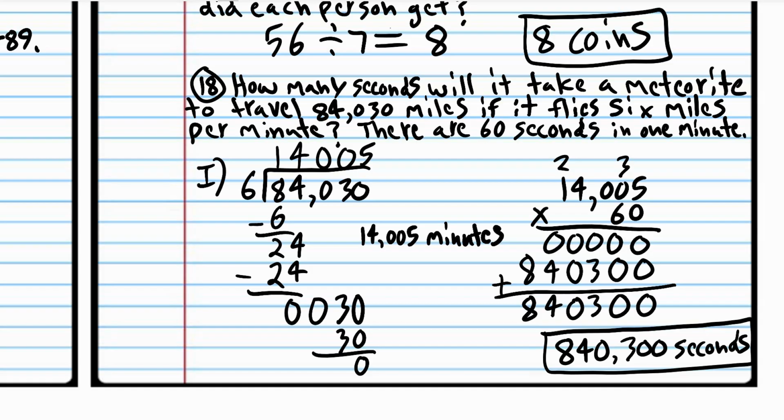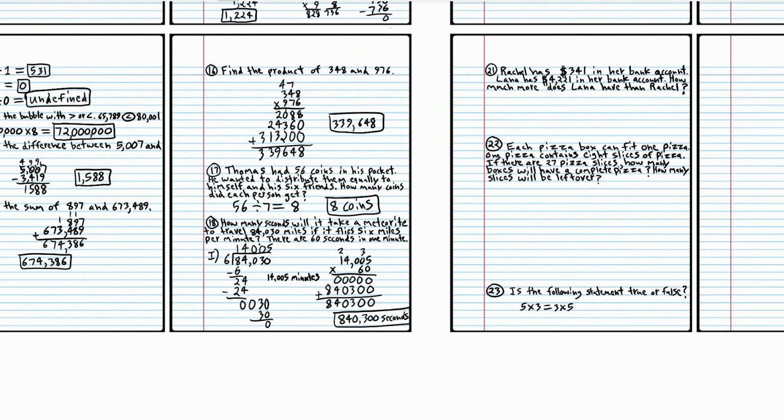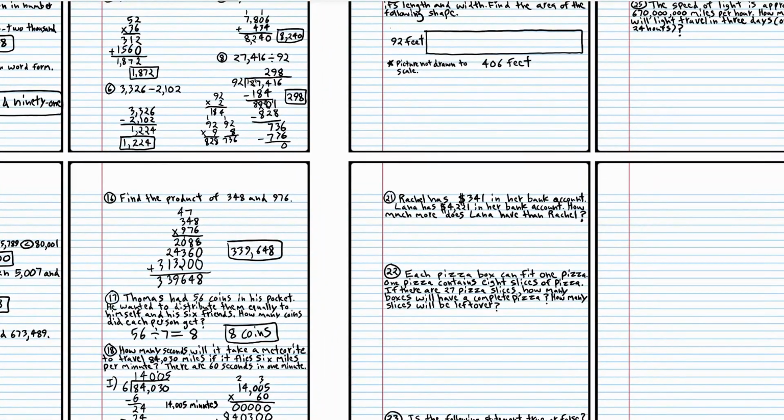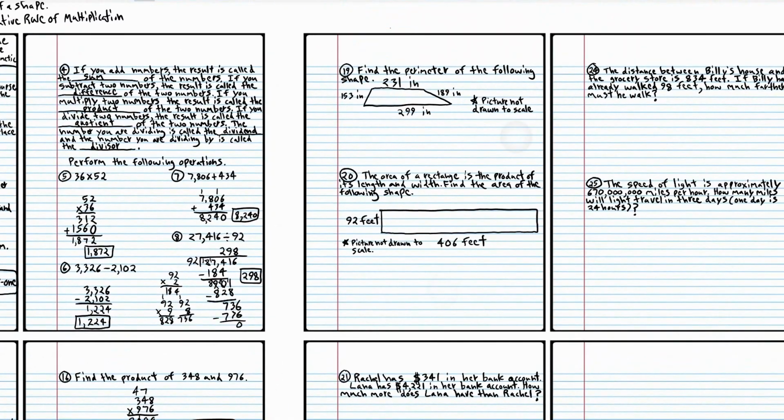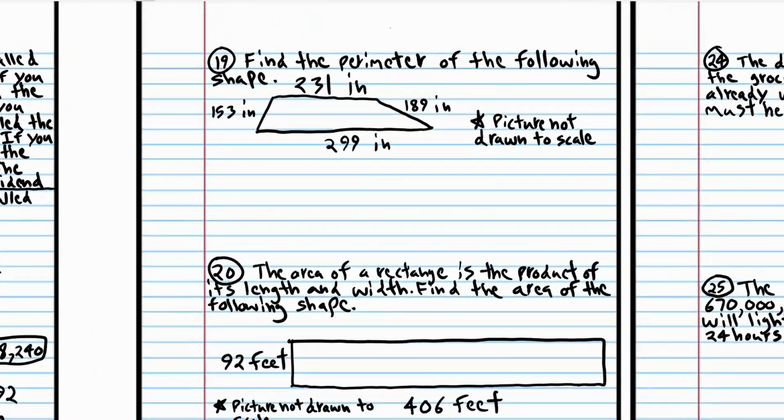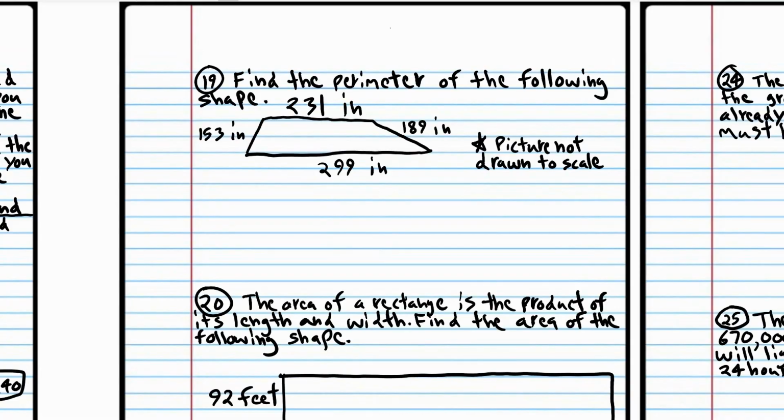So how many seconds will it take a meteorite to travel 84,030 miles if it flies 6 miles per minute? The answer is 840,300 seconds. All right. So again, you might want to leave that problem till the very end, and it's not going to take this long for you to do these problems because you're not going to have to explain them like I'm explaining them.